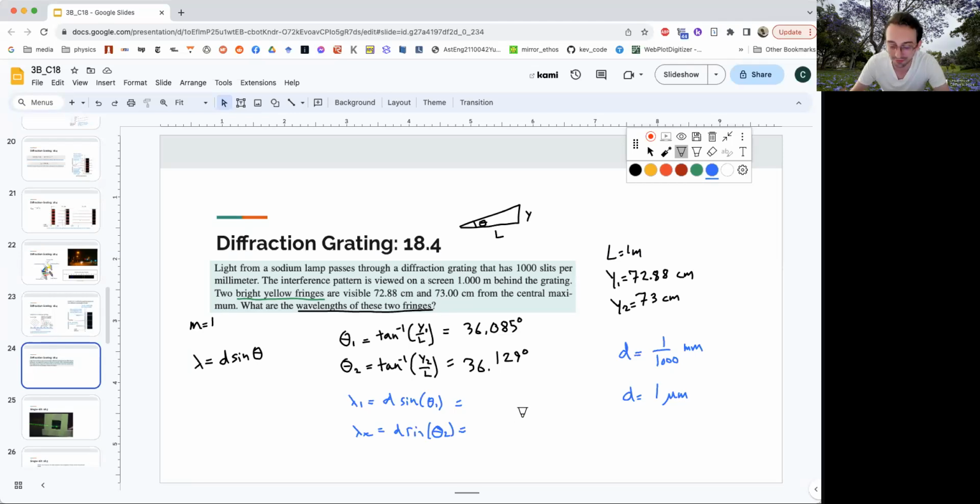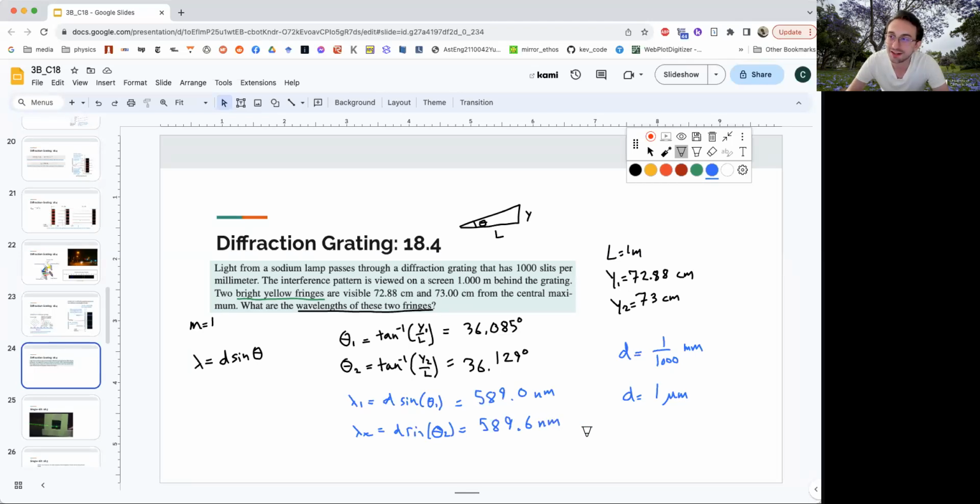That's honestly what I would tend to recommend, just because in other things, like in the double slit equations, we're assuming that those theta values are in radians. So anyways, I get 589.0 nanometers for the first one. And then I get 589.6 nanometers for the second one.